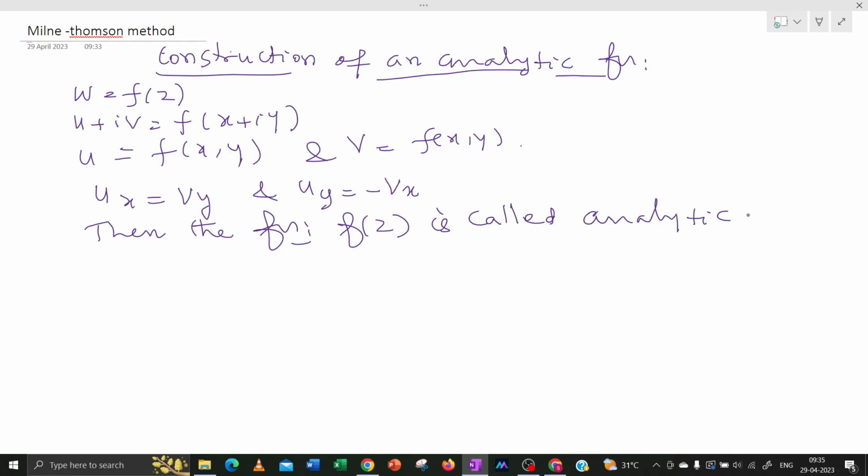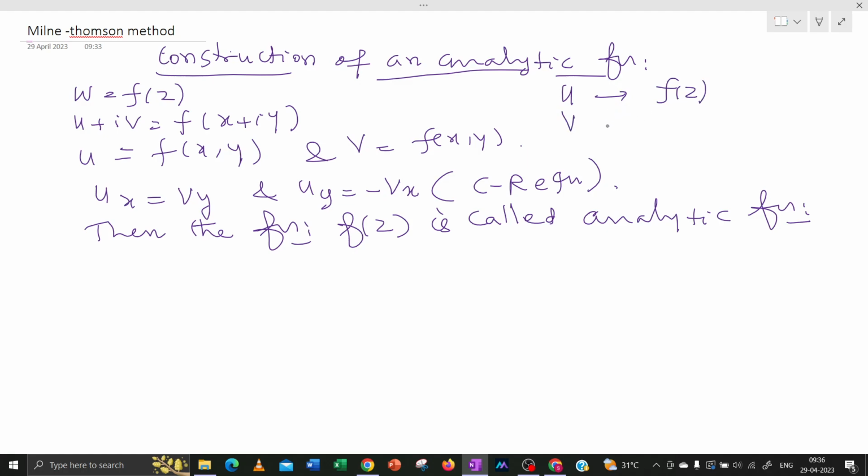What is the equation name of this previous step? CR equation. It is a necessary condition for the function to be analytic. See, construction of an analytic function is, in case only the real part of the analytic function u is given, how to find f of z.